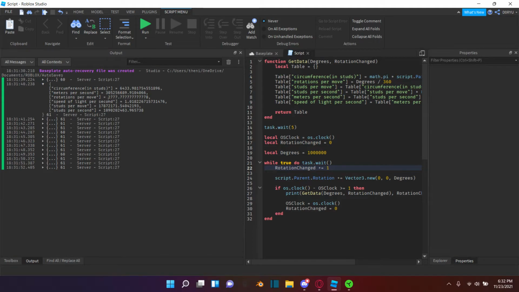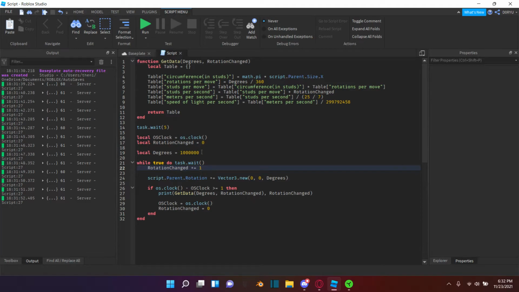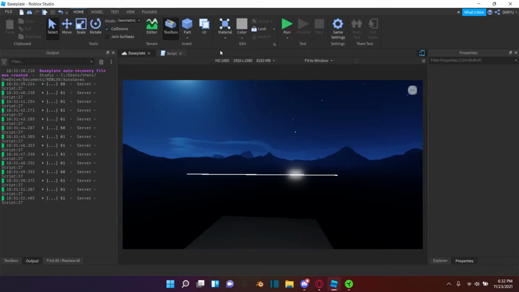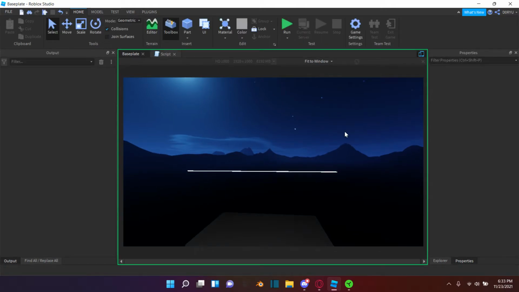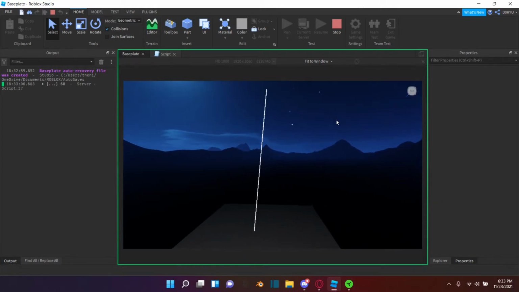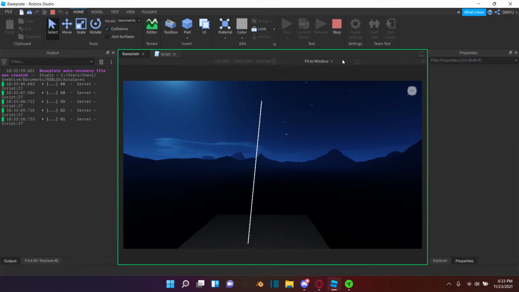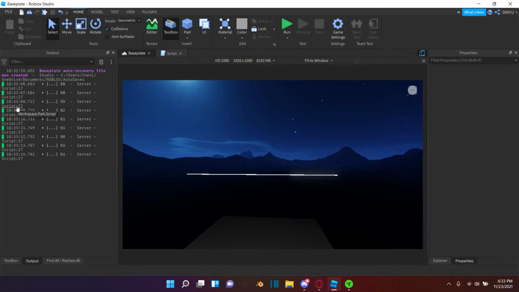So it's even faster. Now, if we tried to make this 100 million, yeah, that's 100 million. If we made degrees 100 million, then it will be going extremely fast. As you can see, it even looks faster.